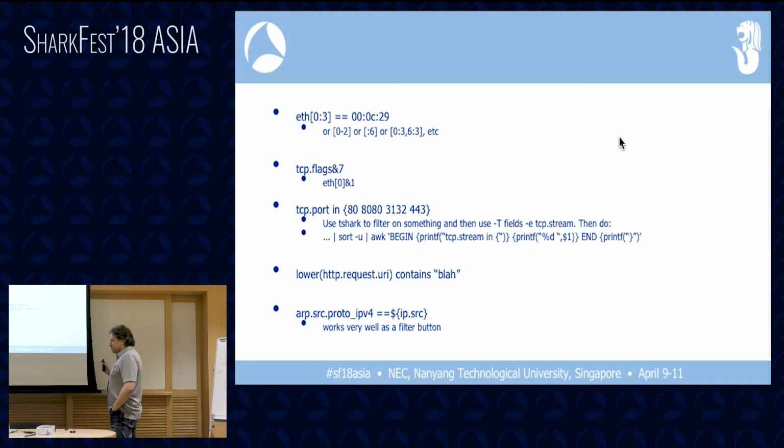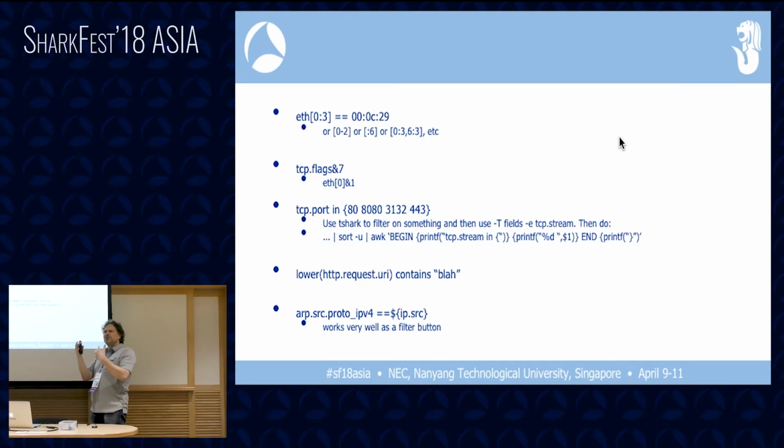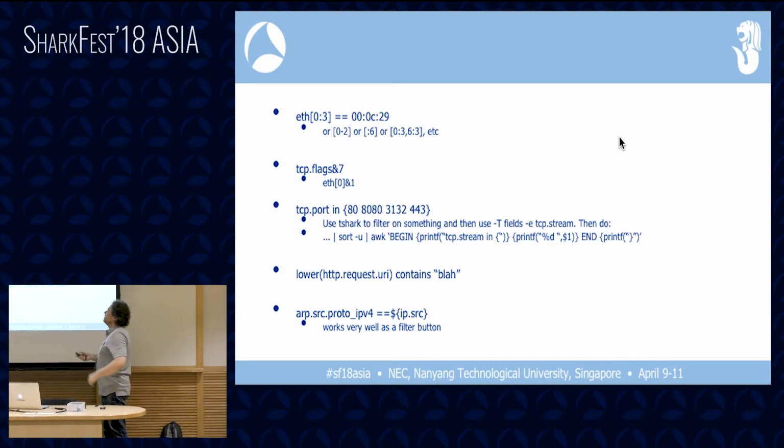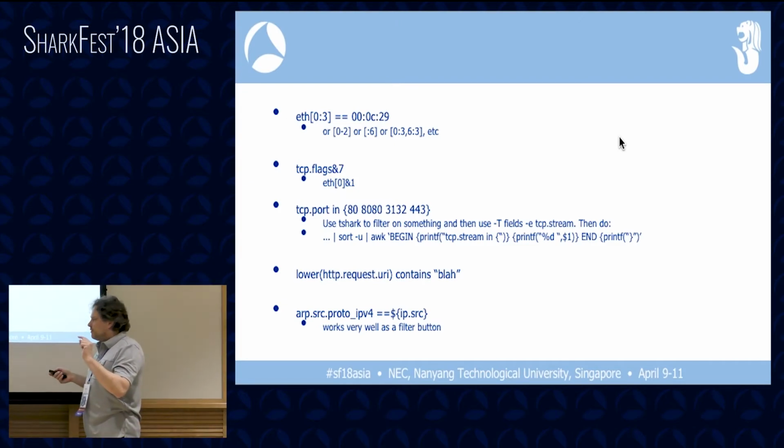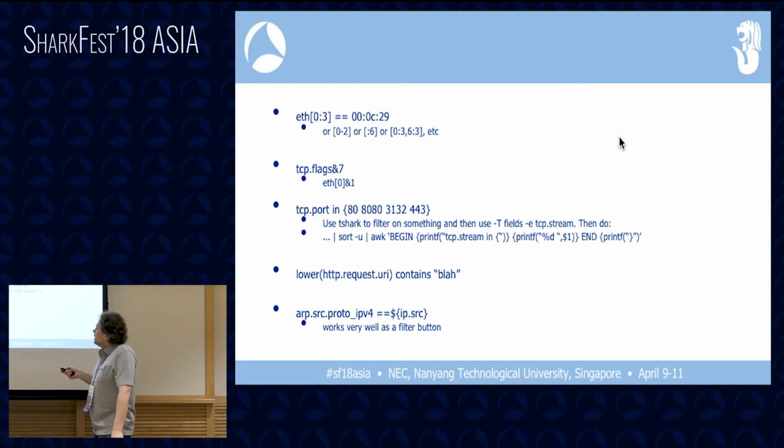And this one is the most mind-boggling of all. I heard about it because Betty was tweeting about it, and then later she asked me how this filter worked. What it means is you have a packet selected, and then this macro will replace this with the current value of this field.